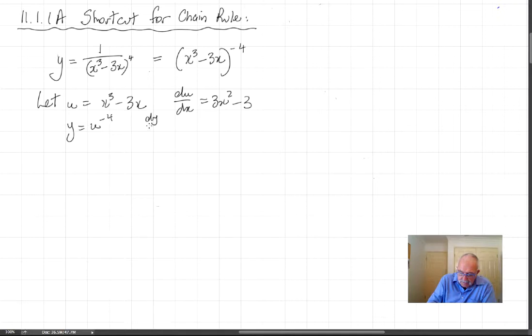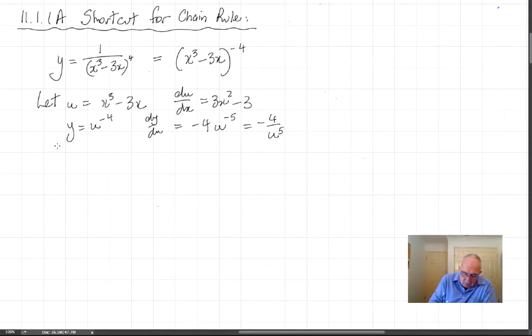so dy du is equal to, now bring the power to the front, minus 4u, and then we take 1 off the power, negative 4 take 1 is negative 5. And probably for simplicity, we'll put the u down with a positive 5, so that's minus 4 over u to the power of 5.